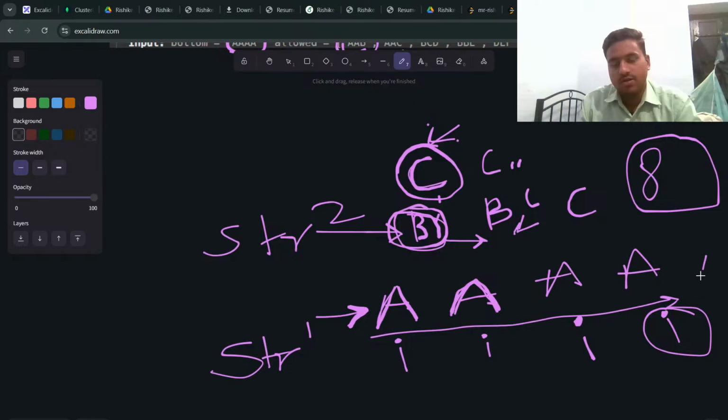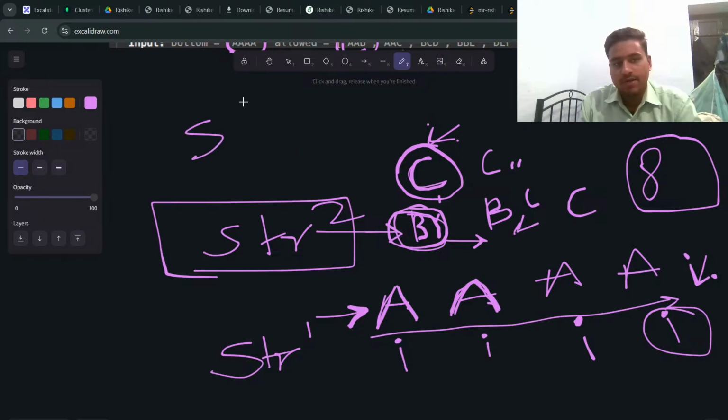If I ends up at the end, then what you can do is make str1 like this and str2 like this.